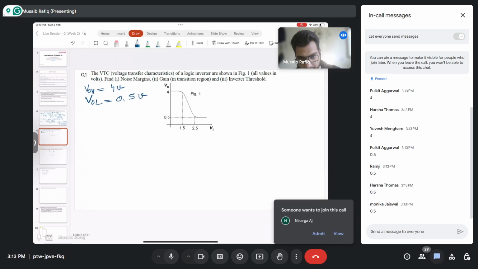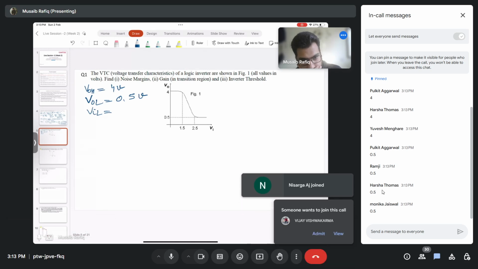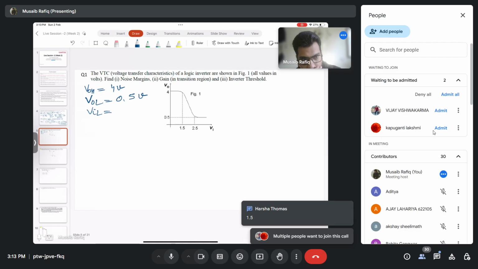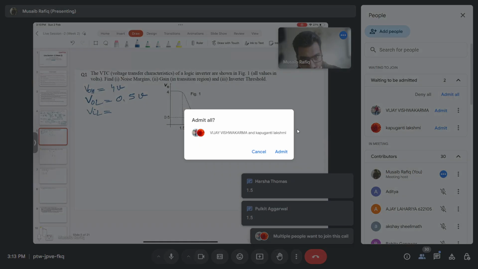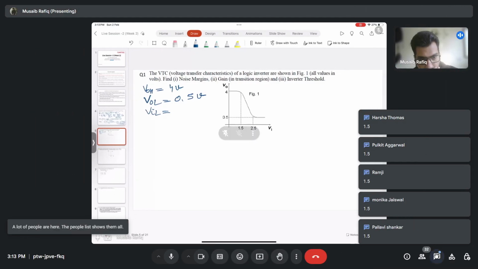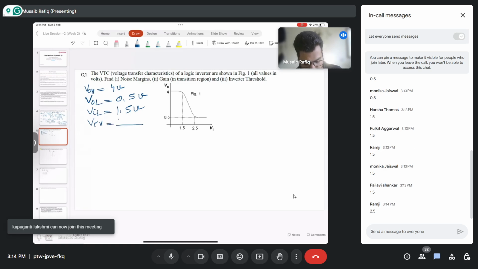Then I have VIL, that is how much? Thank you. It's 1.5. And finally we have VIH, which is 2.5 volts.